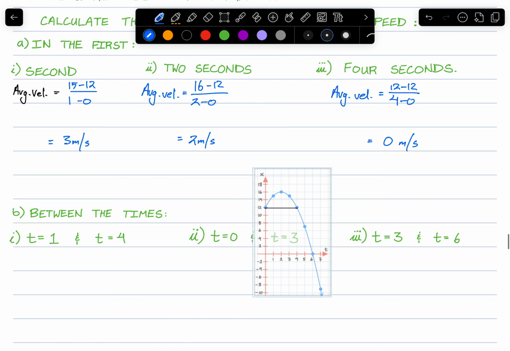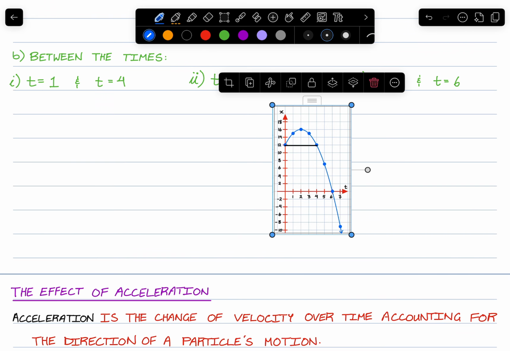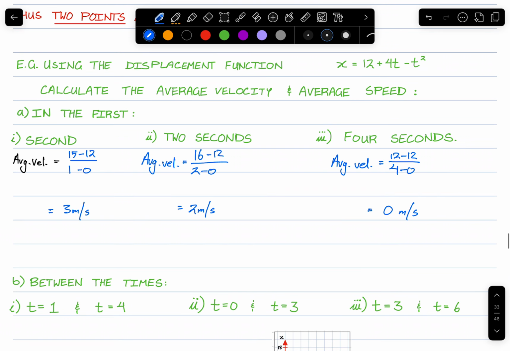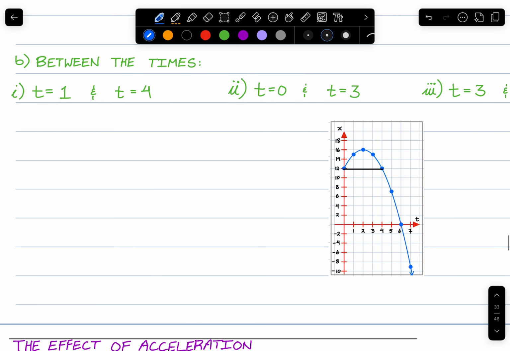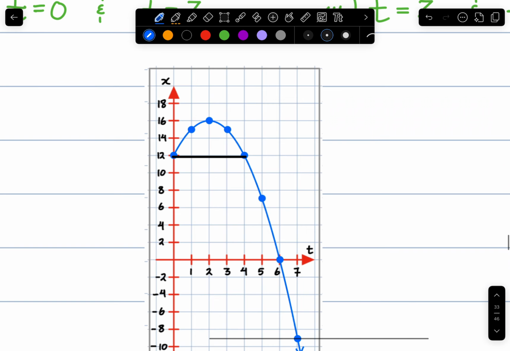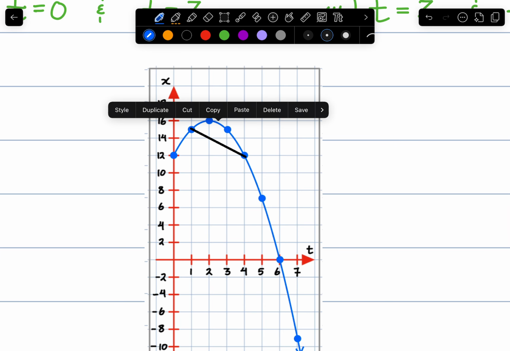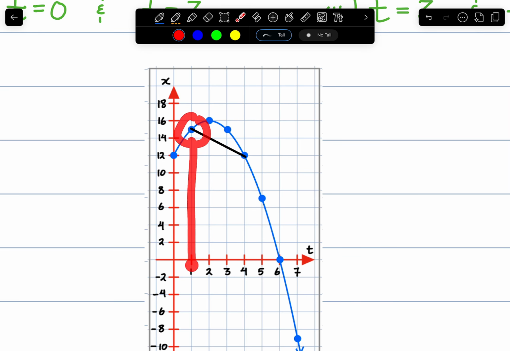Okay, so let's keep going here. And now I'm still just doing the average velocity for all of these. So let's keep going for this one. Between the times 1 and 4, so we went from t equals 1 down to 4.